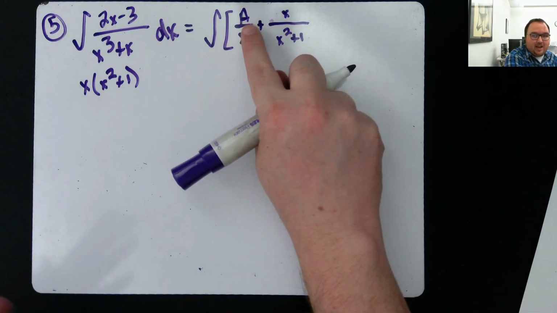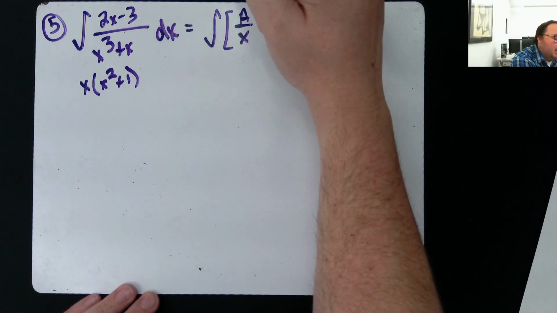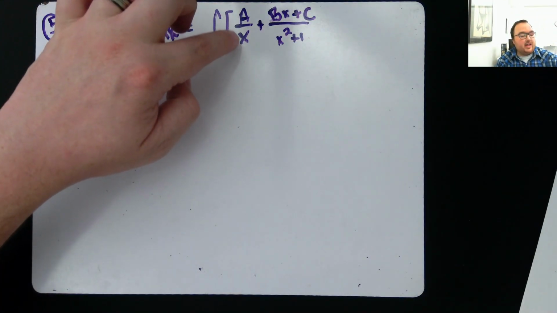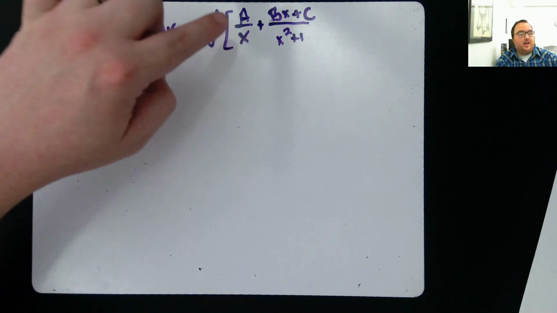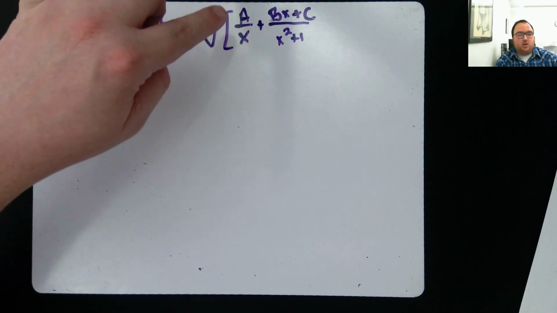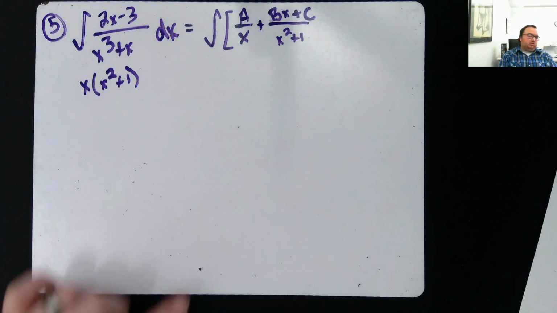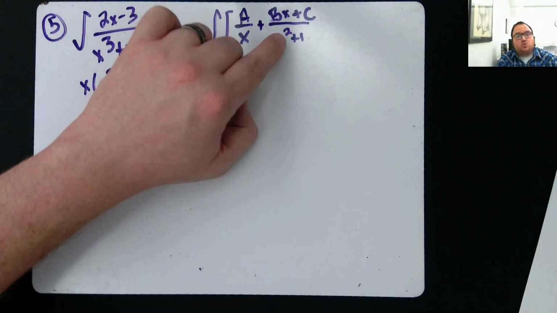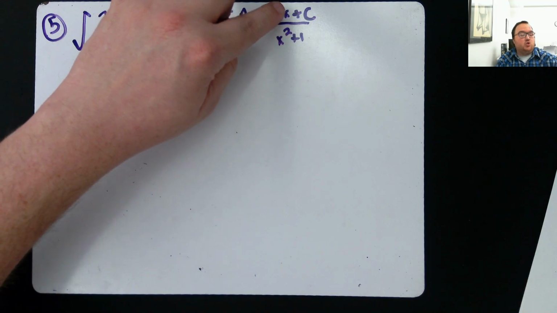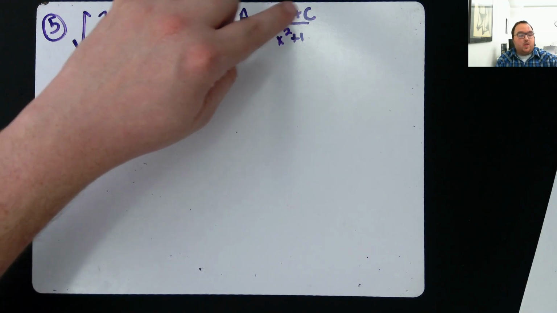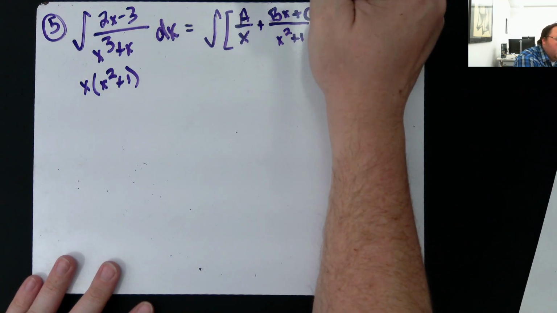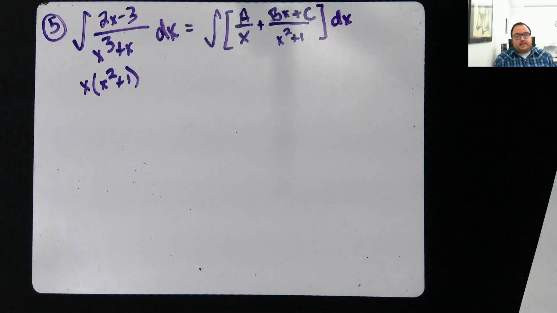I already used a, so I'm going to use b, plus a constant. So again, this is just x to the first, meaning the only thing I could possibly have is a constant. This one, I have an x squared, which means I could have x to the first along with a constant. So be careful with that. Same thing, do it the same exact way.